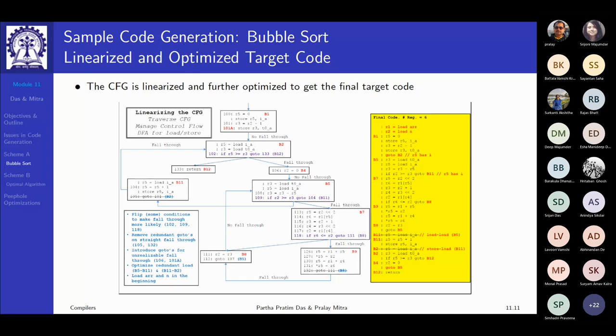Based on that, do a global register allocation depending on the number of registers you had. And for the spill code, you will have load stores inserted.